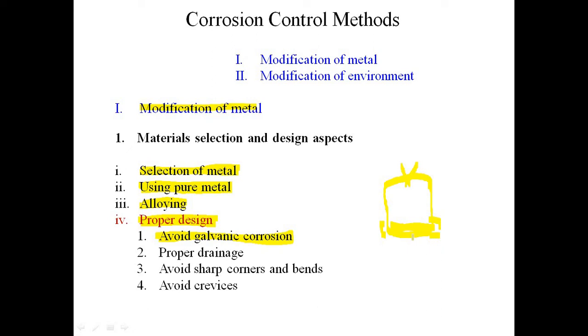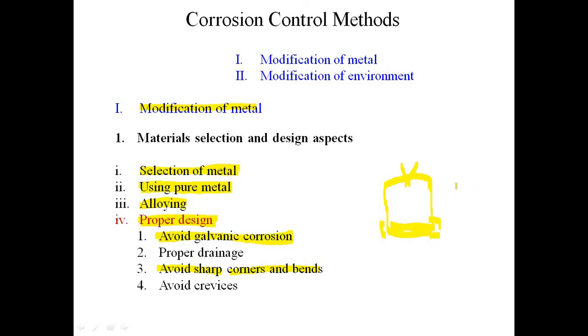And the third one, avoid sharp corners and bends. What is meant by sharp corners and bends? We all know that when we join metallic structures, we use welding. The welding actually increases the energy of the metal, so the welded parts are the ones that get corroded very easily. So you can avoid such things.